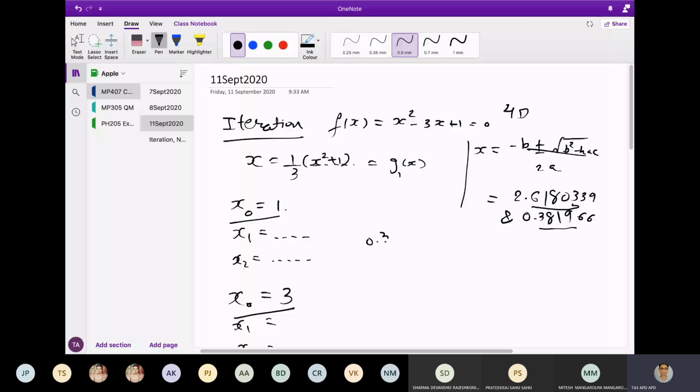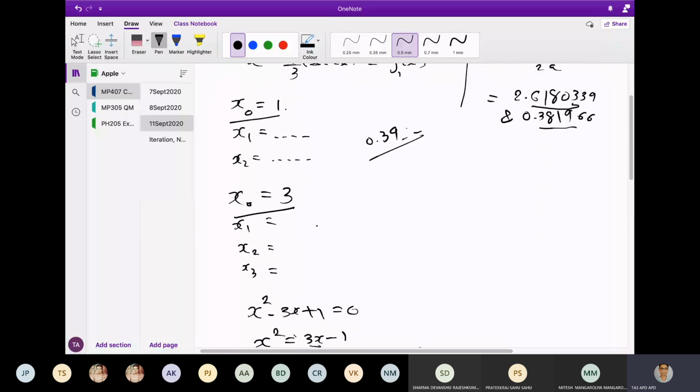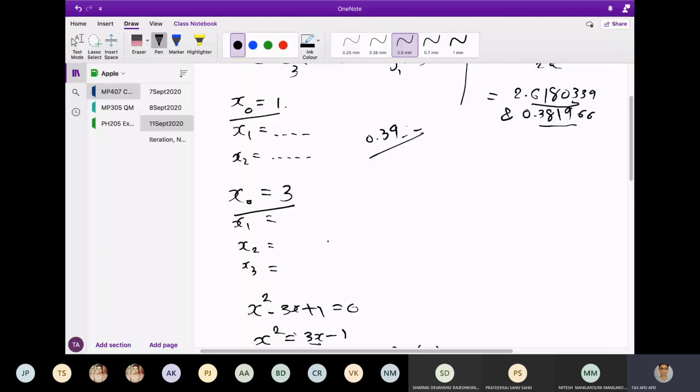I don't know the next two digits, but something near this for this particular initial guess, if you take x0 equal to 1, and if you take x0 equal to 3, then for this, it is your fourth iteration, and similarly over here, if you take the fourth iteration, you may get somewhere around 11.415.